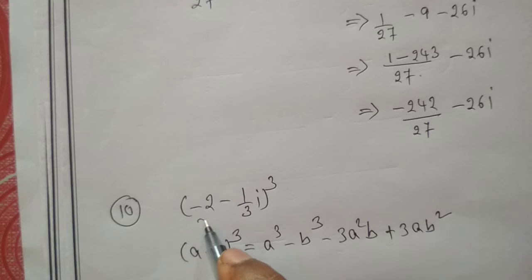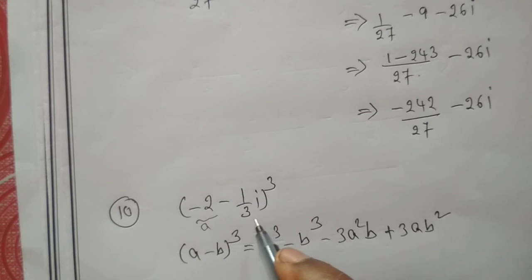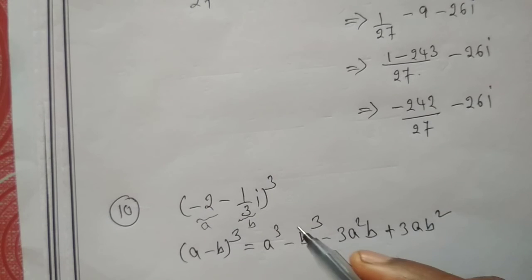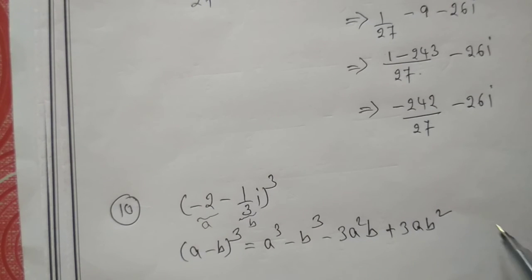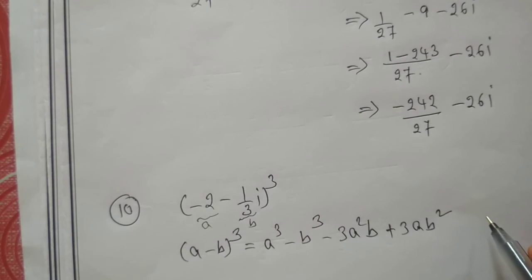Here minus 2 is a and 1 by 3i is b. So we substitute the above values in the given formula.